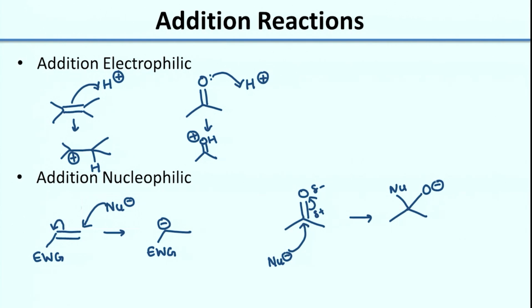So, these are examples of nucleophilic addition. I am not going to a specific reaction because mechanistically you can look at several different types of reactions which essentially have a similar mechanism where you have a nucleophile adding to a double bond or the double bond grabbing an electrophile.